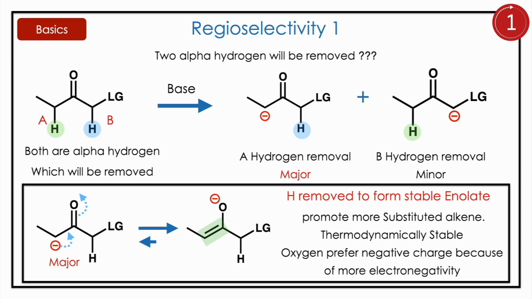Because it forms the more stable enolate, which is the more substituted enolate, stable because of its thermodynamic stability. Why are we not talking about the nucleophile? The negative charge wants to stay on the oxygen, not on the carbon. So enolate formation dictates there, and the more stable enolate will form. The first regioselectivity you should learn here is that the more substituted enolate will form.